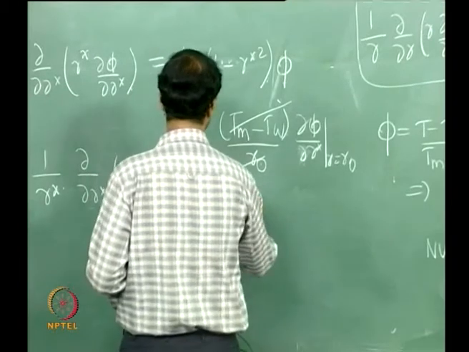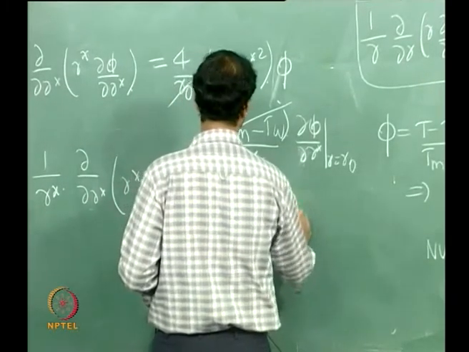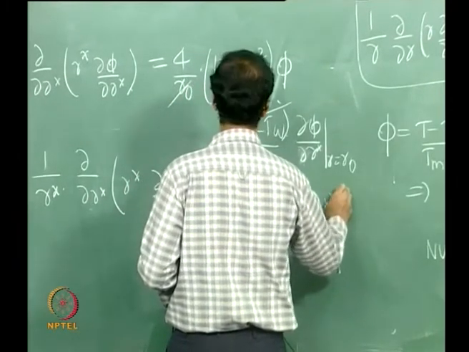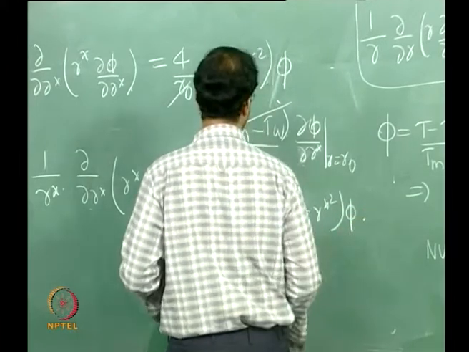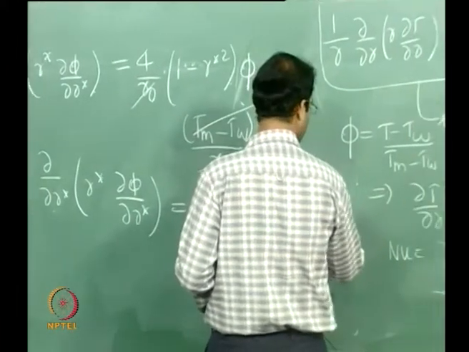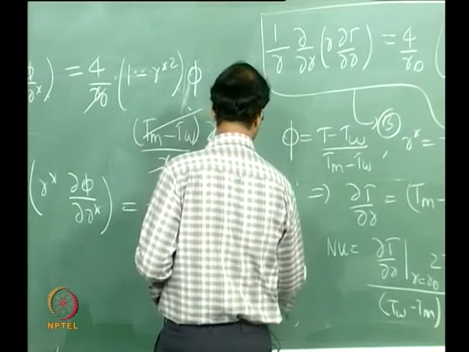So this will be minus 4 into 1 minus r star squared into phi into Nusselt number by 2 r naught.